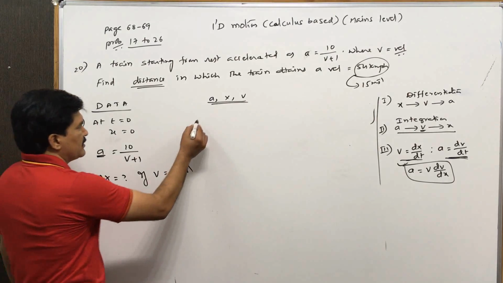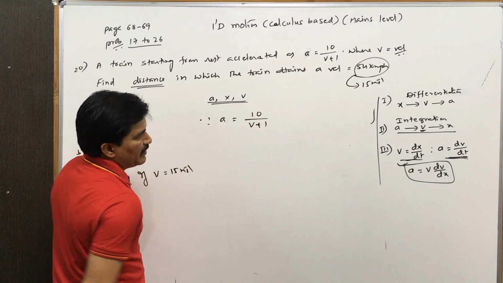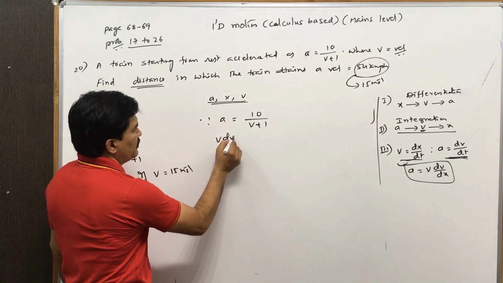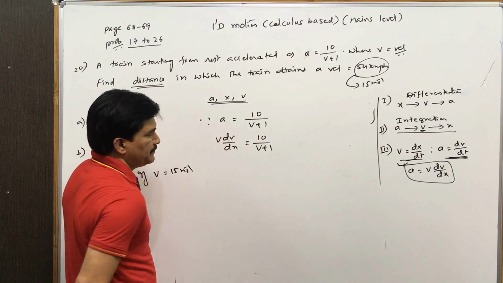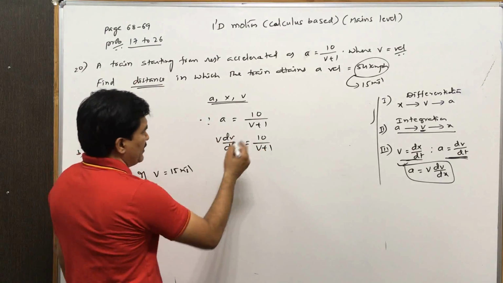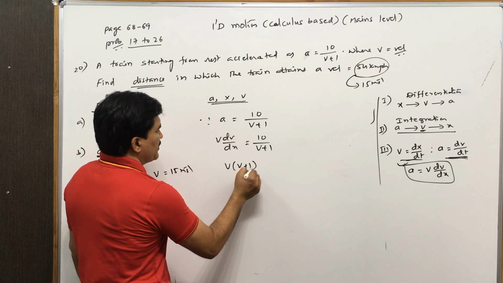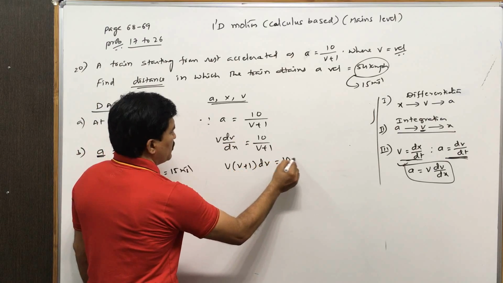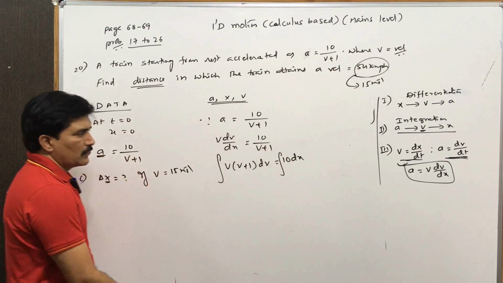Since a is equal to 10 by v plus 1, a can be written as v into dv by dx, that is 10 by v plus 1. Then separating the similar terms you will get v into v plus 1 dv is equal to 10 into dx. Now integrating on both sides.